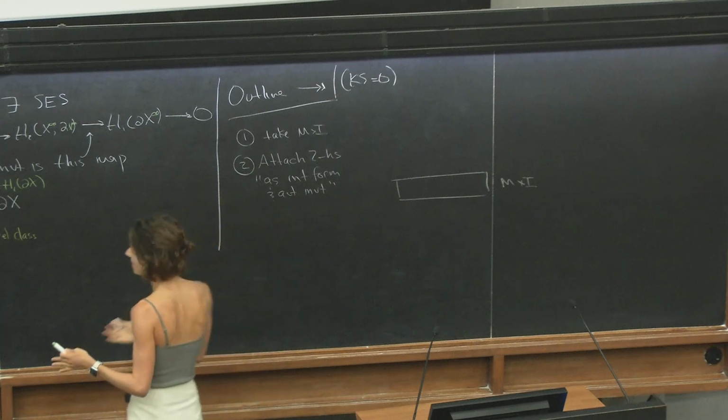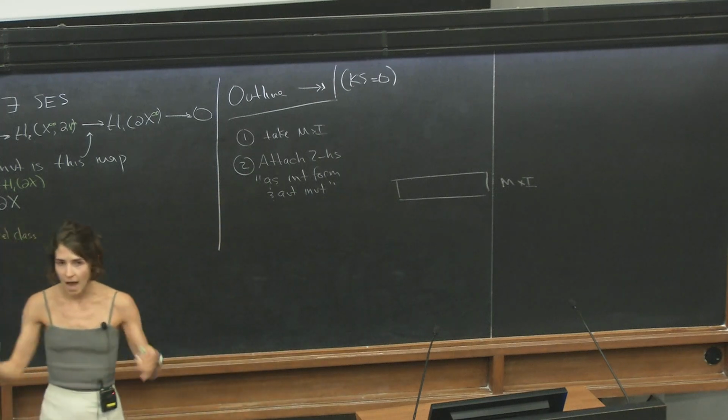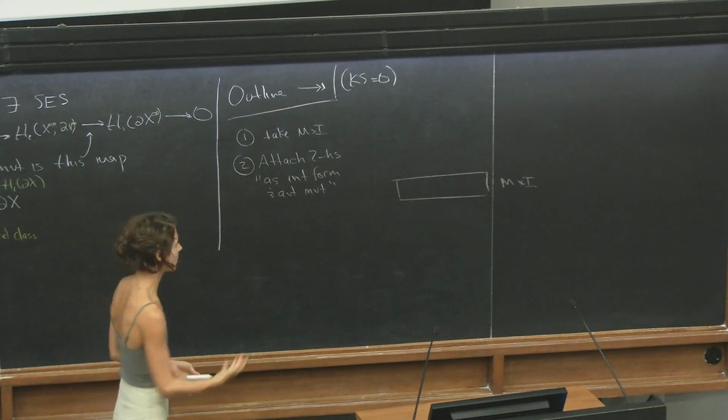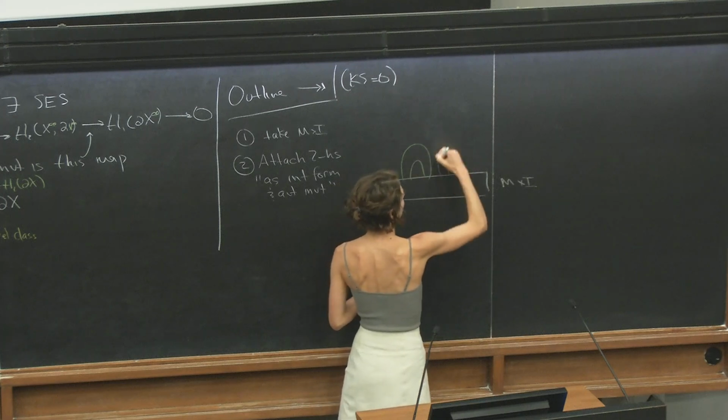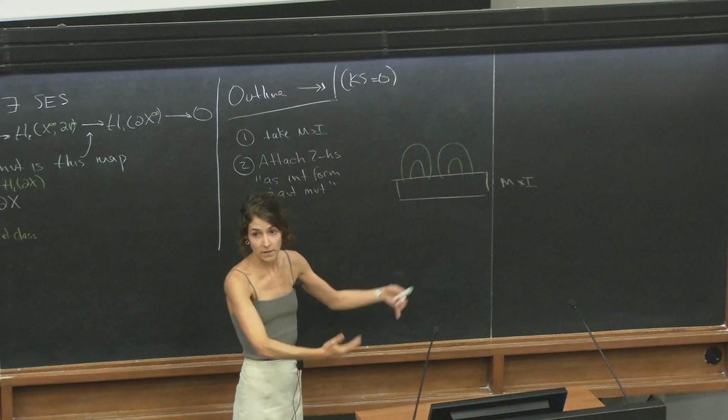Somebody has insisted on what the H2 should be and how it should line up with the boundary, and you're just going to force that by putting 2 handles here in the way that you were told to do it.